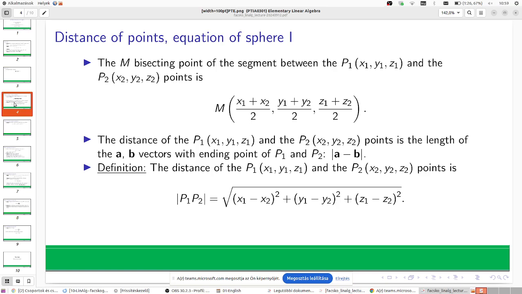And this is nothing more than this vector. The length of this vector is the length of this.